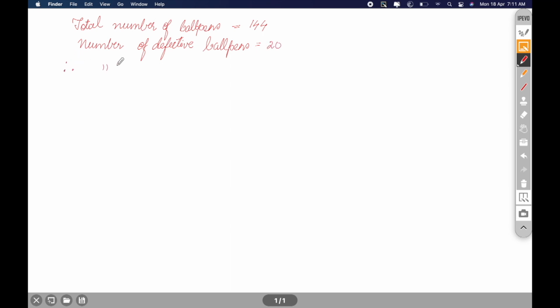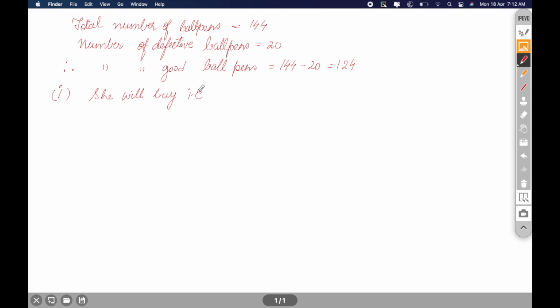Therefore, number of good ball pens will be 144 minus 20, giving us 124. Now for part 1, she will buy. You are asked to find the probability that she will buy.